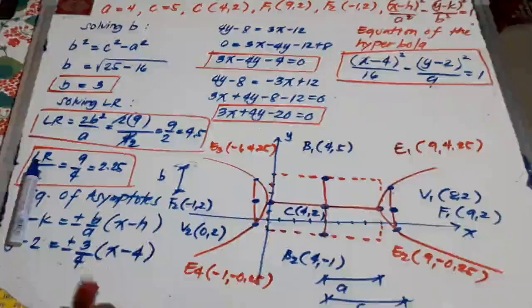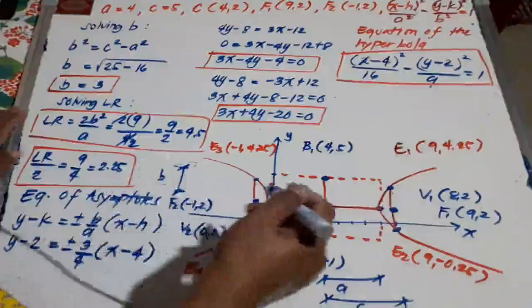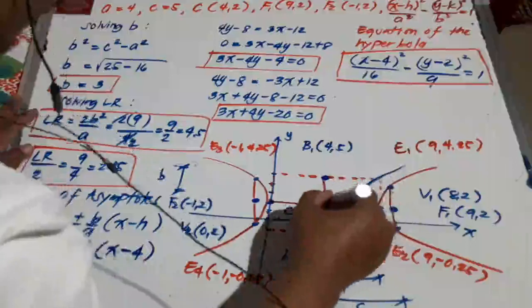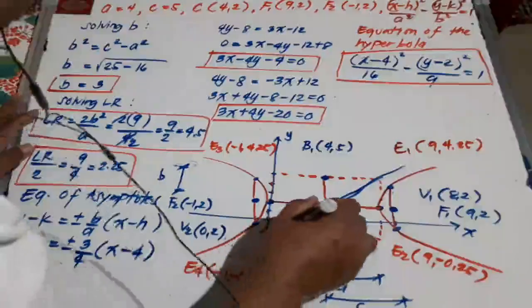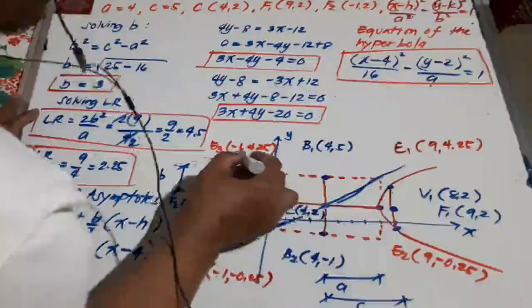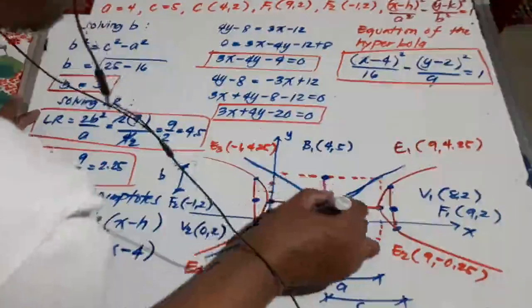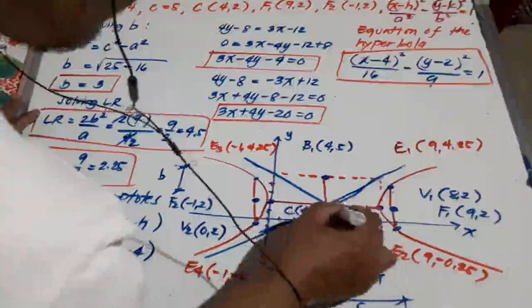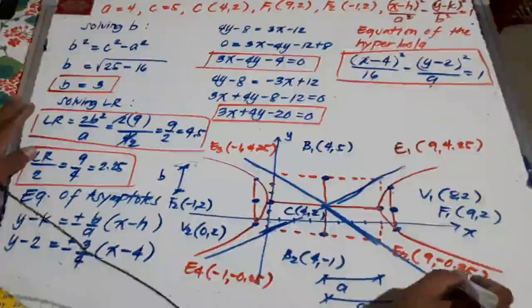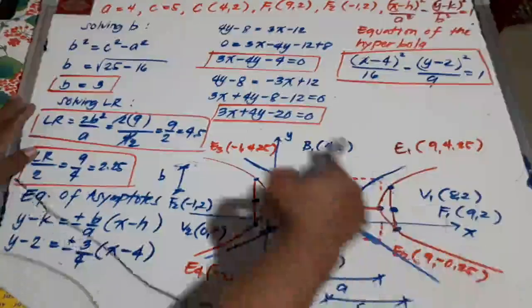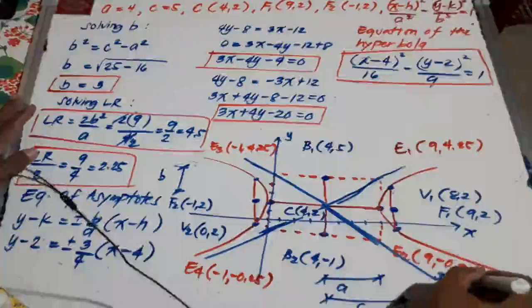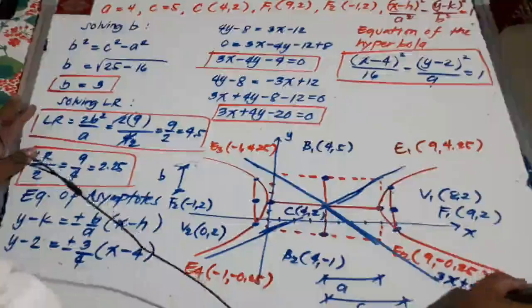Okay? And then your asymptotes nandito. Okay, ito yung asymptotes natin. Itong equation na to is 3x plus 4y minus 20 equals 0.